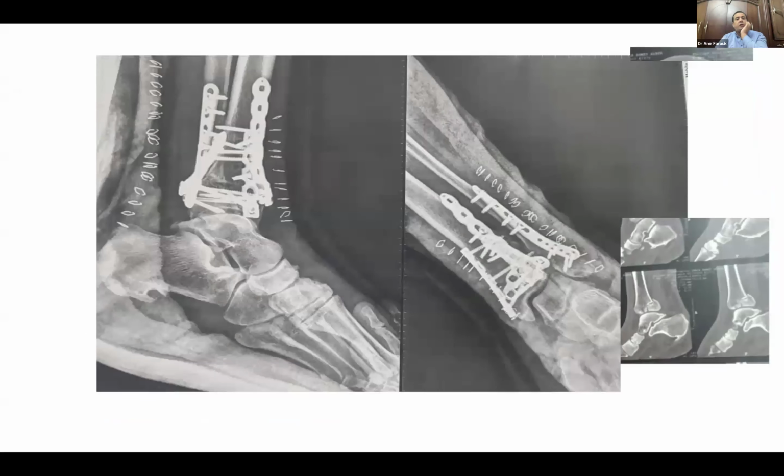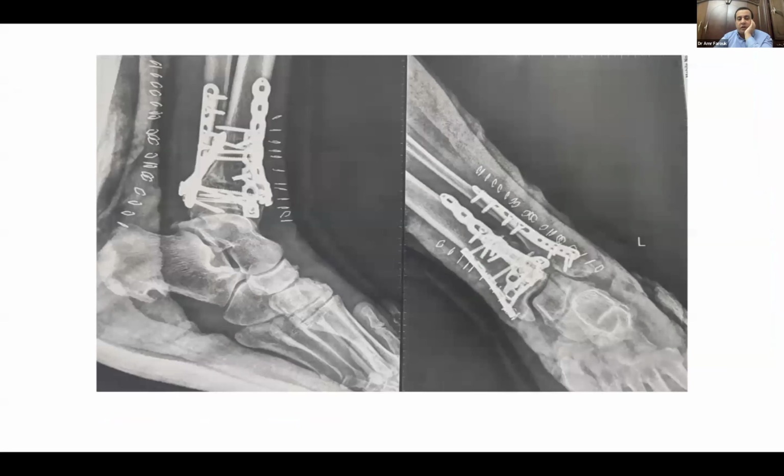She went to one of the very clever surgeons, and she had this treatment.